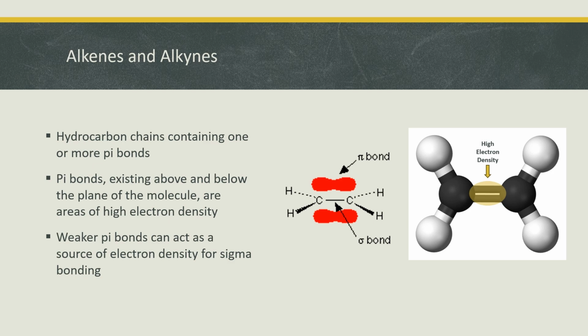These pi bonds, being weaker than the sigma bonds, can potentially act as a source of electron density for sigma bonding with other molecules. And we'll see that showing up later in electrophilic addition, that when we have an electrophile approaching this area of electron density, this pi bond is going to be weaker than our sigma bond, and it's going to want to break off and form a new sigma bond.